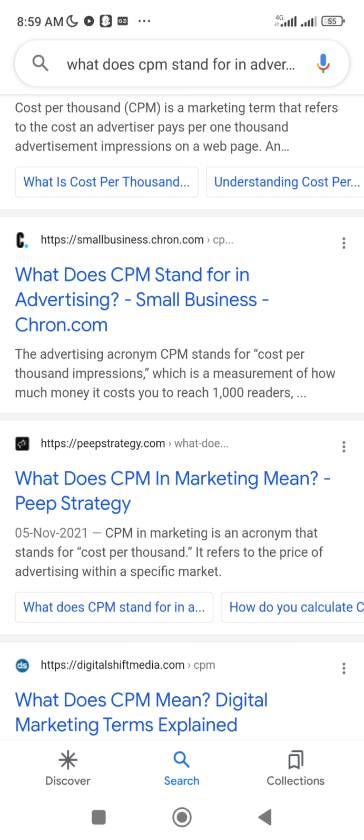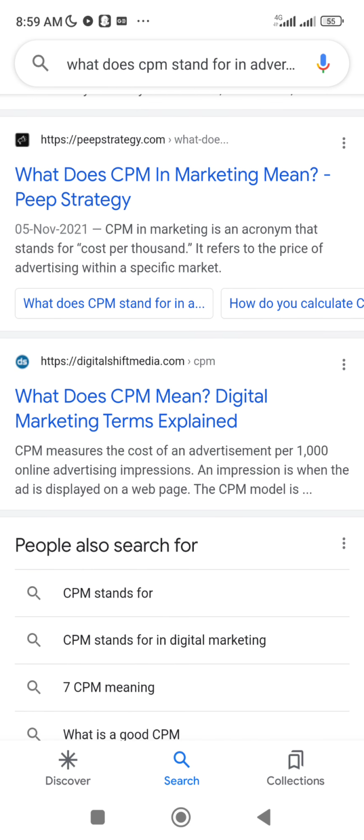So what does CPM in marketing mean? CPM in marketing is an acronym that stands for cost per thousand. It refers to the price of advertising within a specific marketing. What does CPM mean? Digital marketing terms and expressions.